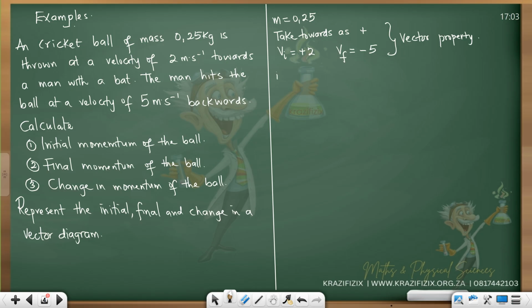Okay, number 1. Initial momentum is mass times initial velocity, 0,25 times 2. And what will this give us? 0,5 kilogram meters per second towards the man with the bat.